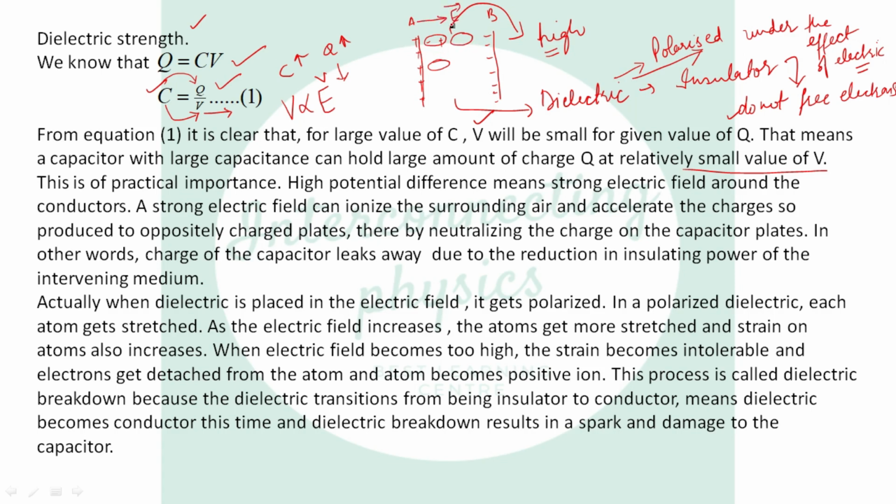It means negative charges will move opposite to the electric field and positive charges will move in the direction of the electric field. And where does this electric field come from? From the positive and negative charges on plates A and B. Due to this electric field, the molecules of the dielectric are polarized.